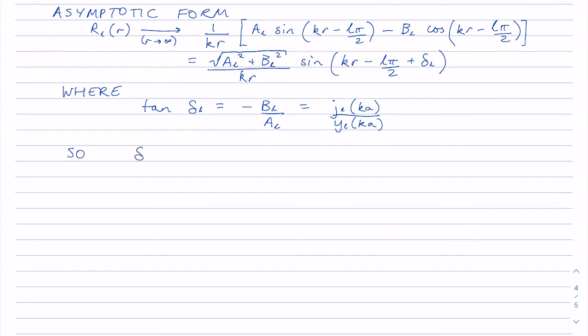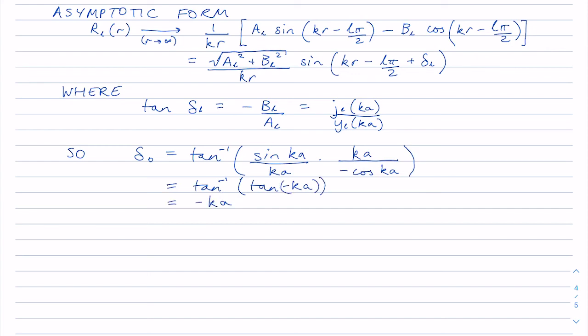And so, for example, the L equals 0 term is given by tan to the minus 1 of. In this case, the L equals 0 phase shift has a particularly simple form.